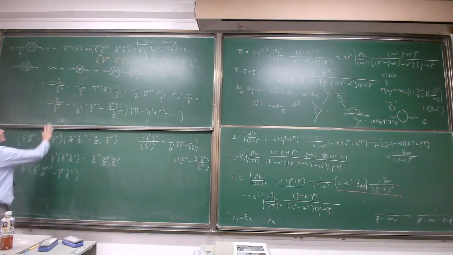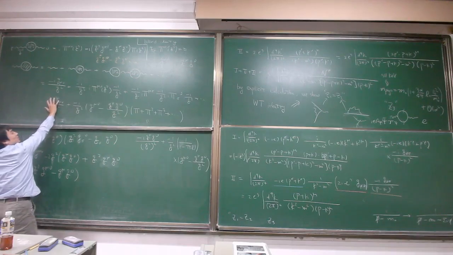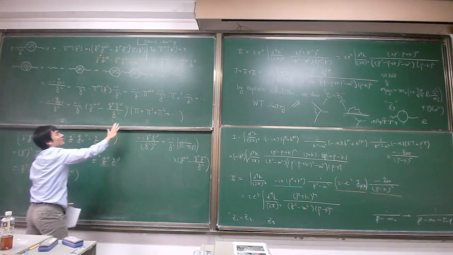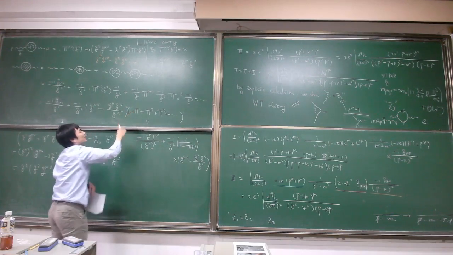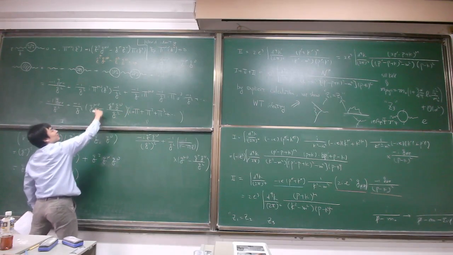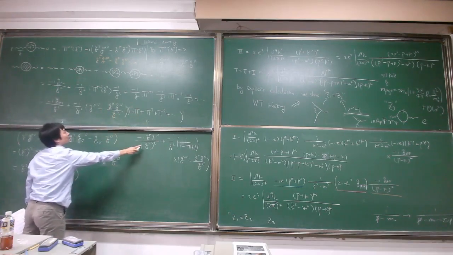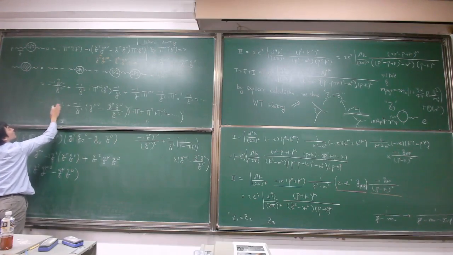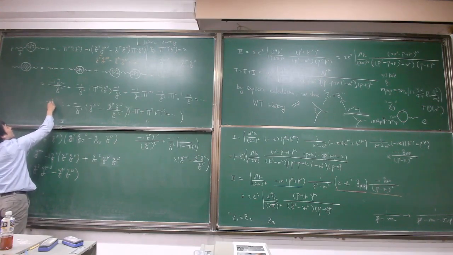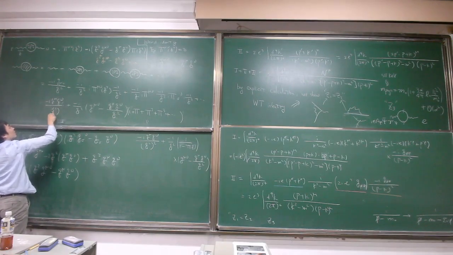Incorporate this one into here, and then you just add 1. Then the difference is this term, right? So therefore you have to subtract, which means minus i q mu q nu over q squared.